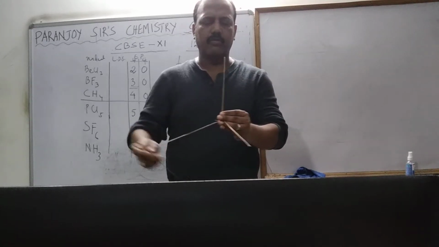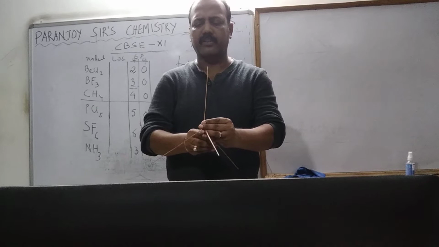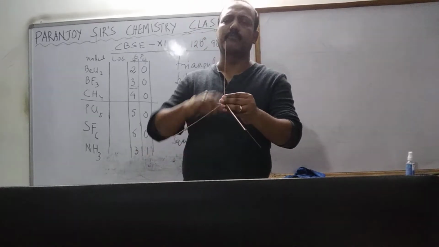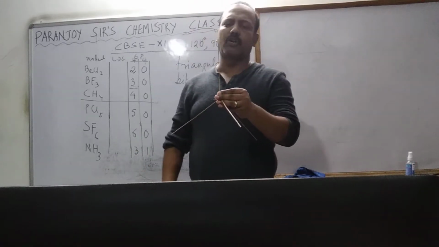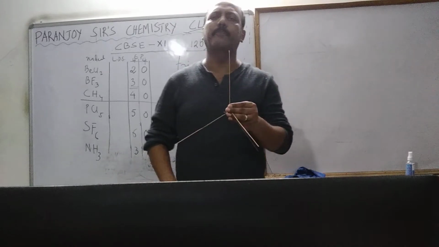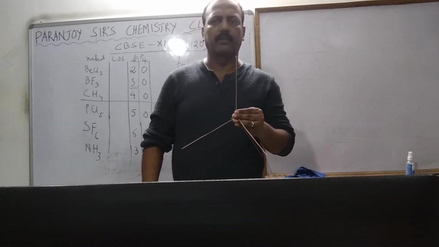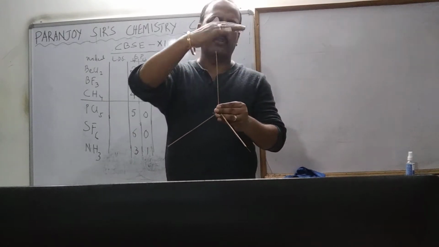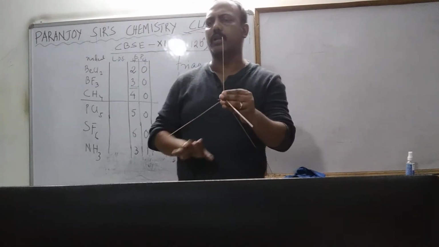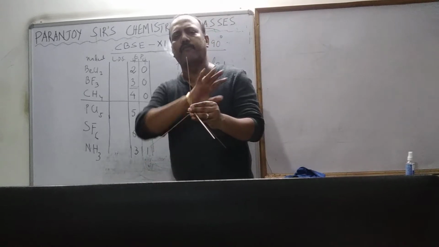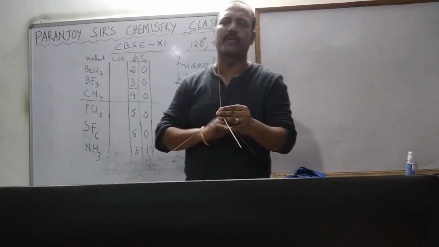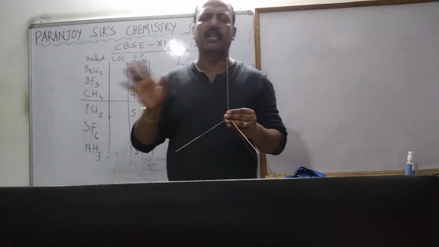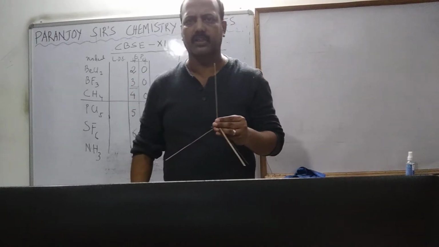But now the difference is, out of these 4 pairs, one pair is lone pair. And since all 4 positions in the tetrahedral geometry are equivalent, there is no difference between these positions.